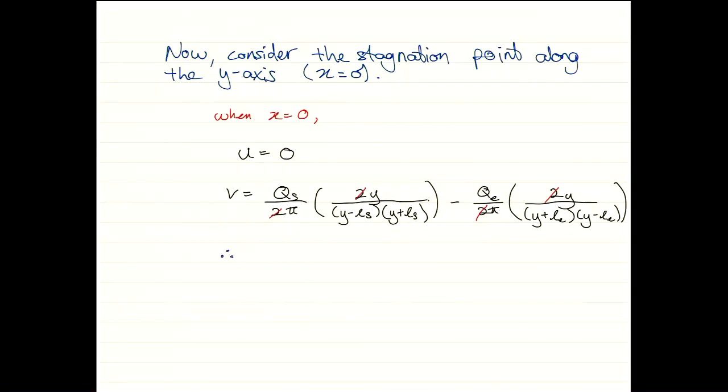Okay, so stagnation point occurs when u and v are equal to 0, right? Your u and v velocities are equal to 0.